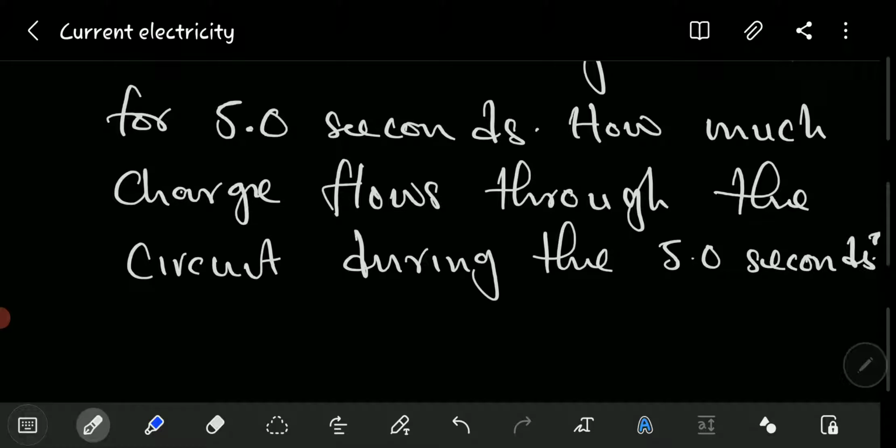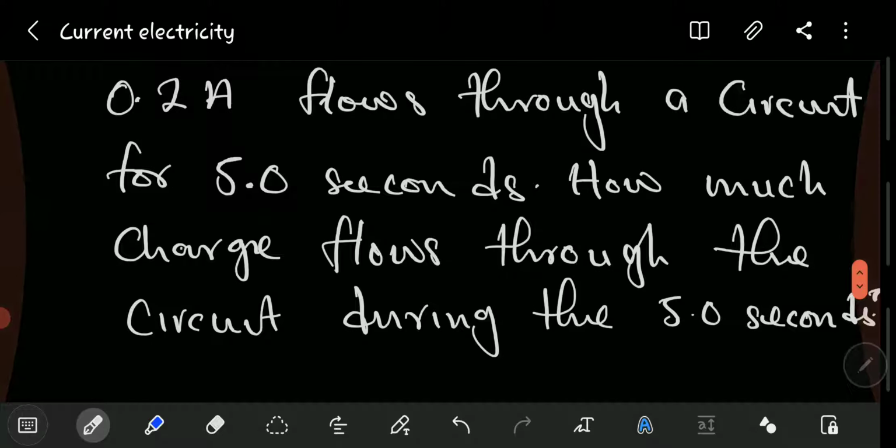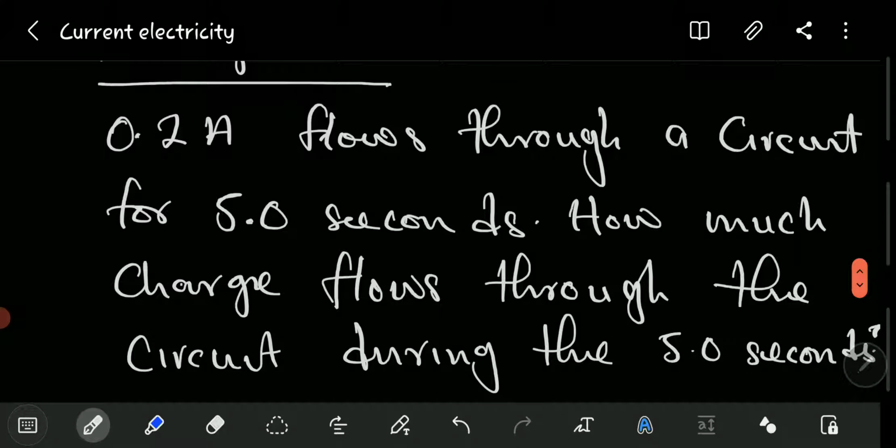So how much charge? In this particular question, we have 0.2 amperes flows through a circuit for 5.0 seconds. How much charge flows through the circuit during the 5.0 seconds?